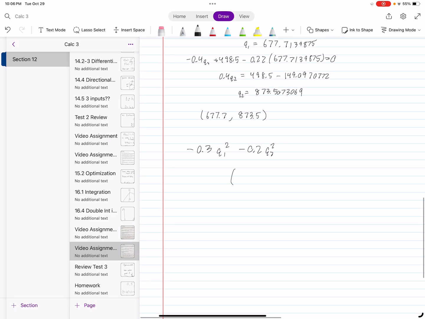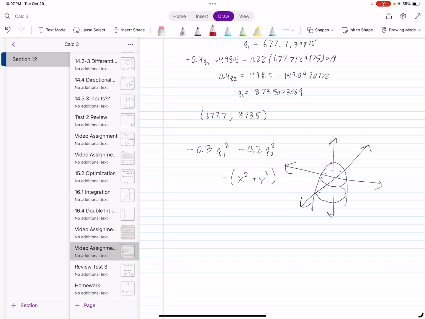And this is the same thing as negative x squared plus y squared, which takes on the shape of an upside down bowl, somewhat like this. So we can be sure that this critical point right here gives us a global maxima.